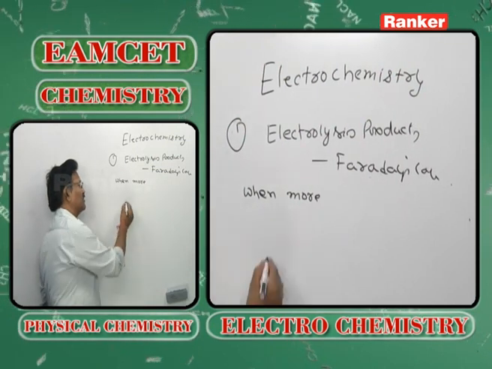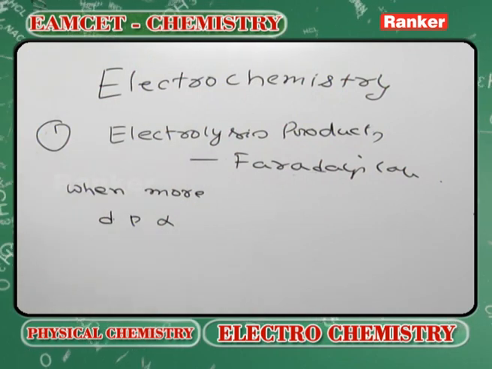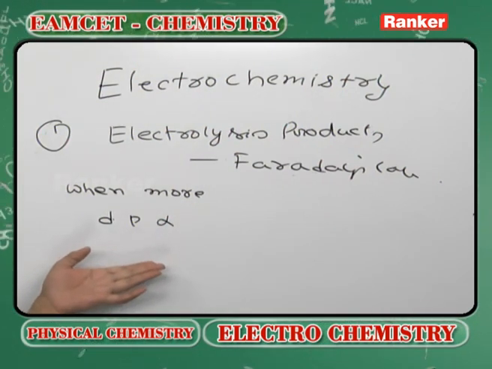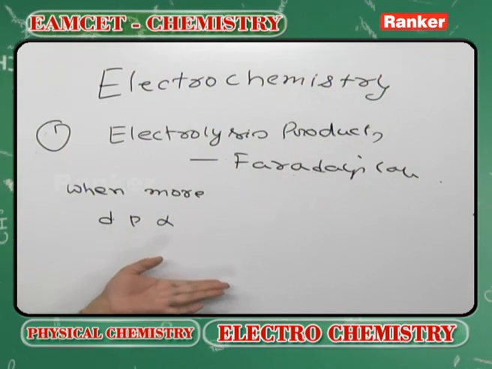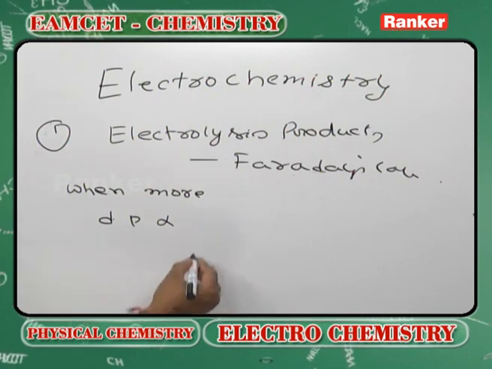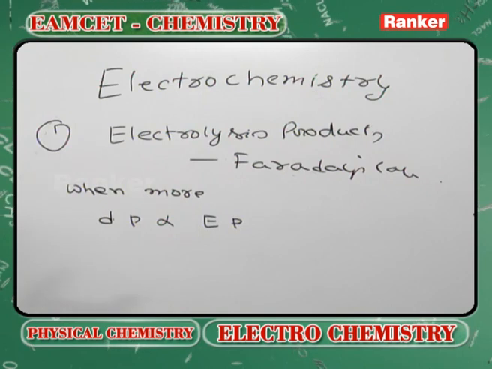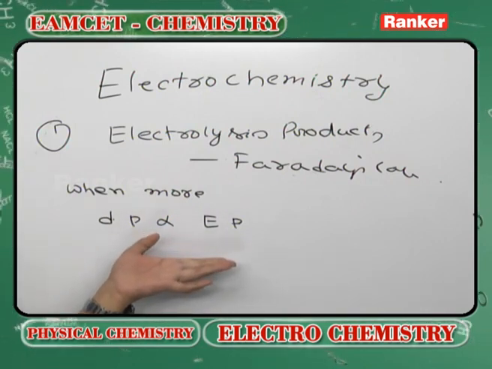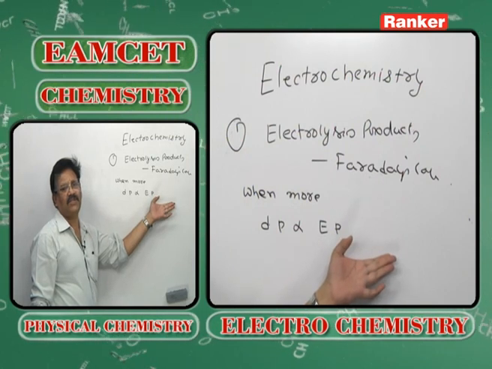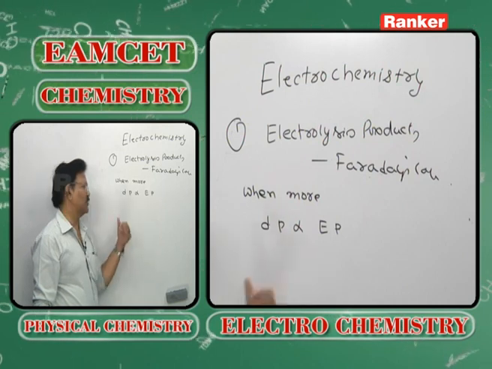In case of cations, what is discharge potential? The potential required for the discharging of the ion that reaches the electrode. Discharge potential of the cation is directly proportional to the electropositive character. What does it mean? The higher the electropositive character of the cation, the greater the discharge potential, and it is difficult to be reduced.